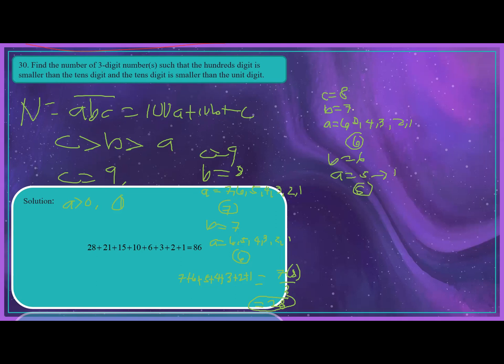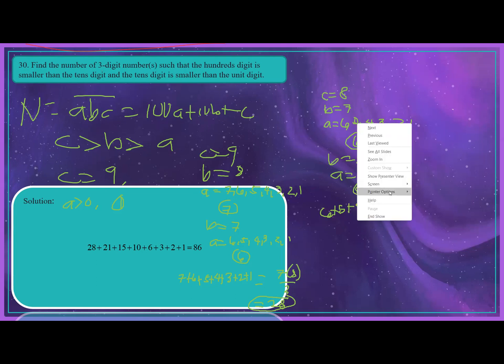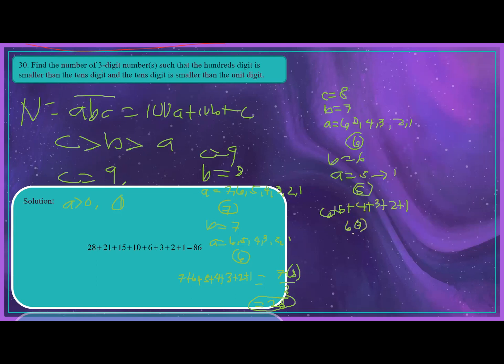So in total, when C equals 8, this should be 6 plus 5 plus 4 plus 3 plus 2 plus 1, which is 6 times 7 over 2, which is 21.